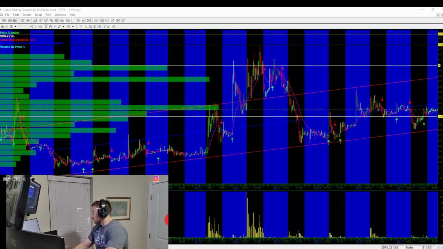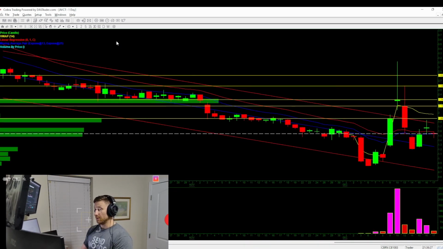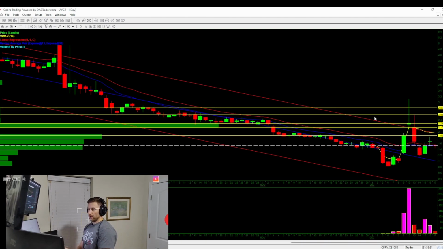So, quick recap of volume. I realized that it's not the most complicated thing to explain. It's just something that you have to pay attention to, to make sure that people get in and get out. Like ABCT, the downtrending chart is the absolute ideal. I shorted this thing over $3.